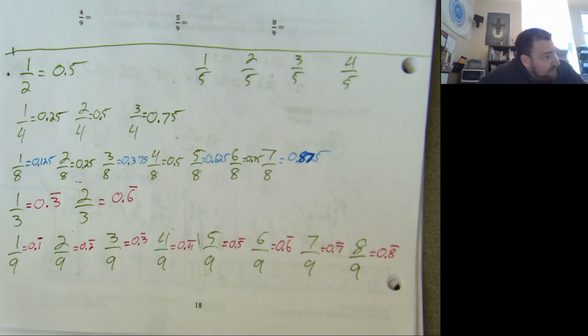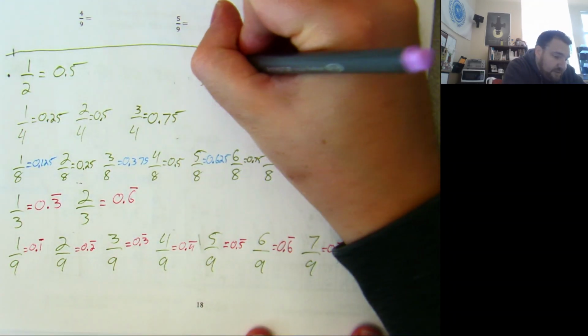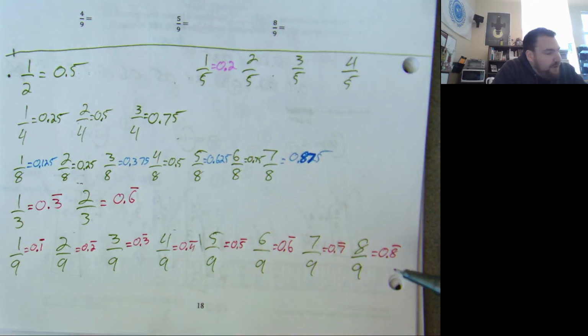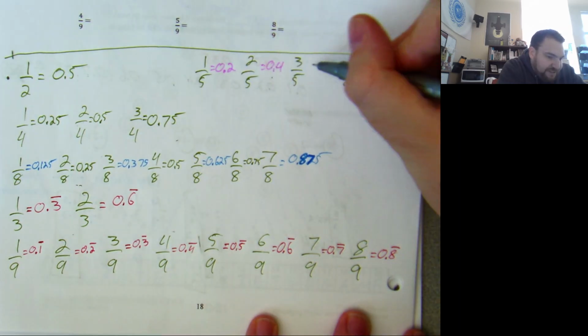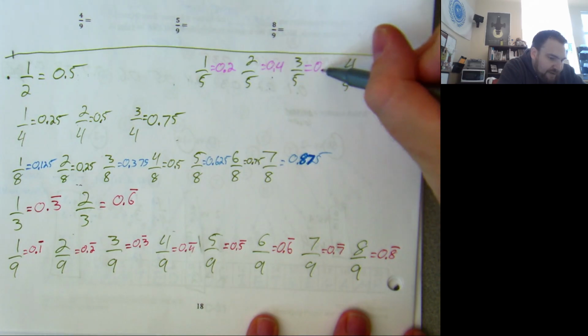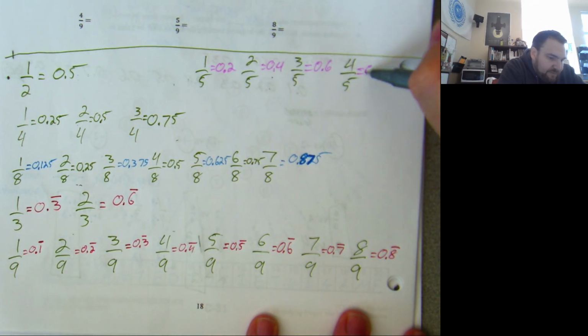Yeah, you double them. So 1/5 is not 0.1, it's 0.2. 2/5 isn't 0.2, it's 0.4. 3/5 is then going to be, and 4/5 is going to be.